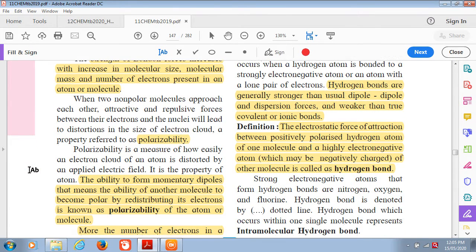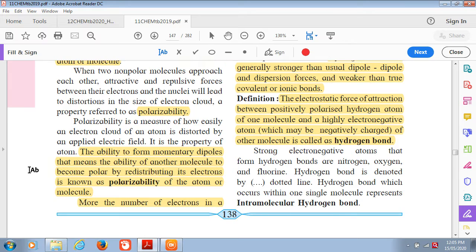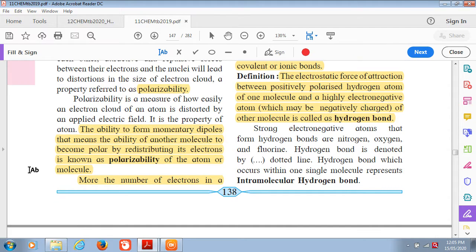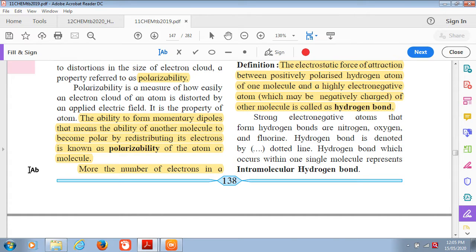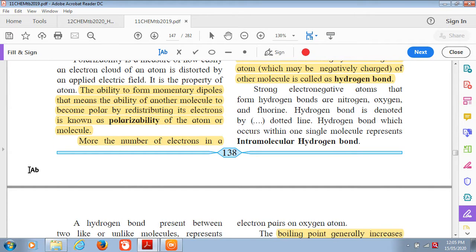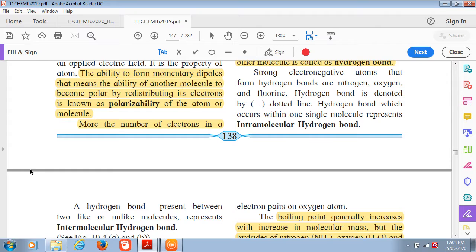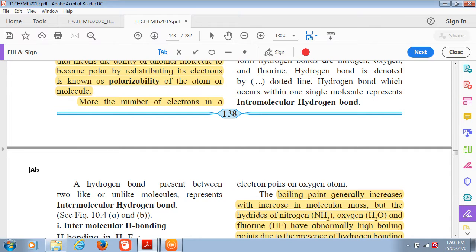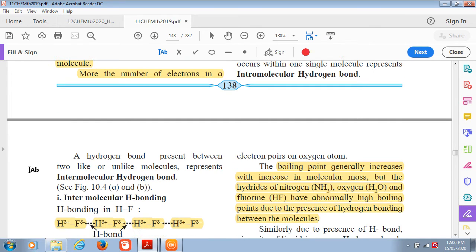Hydrogen bonding is denoted by a dotted line. And if hydrogen bond occurs within a single molecule, it is called intramolecular hydrogen bonding. And if it is between two different molecules, they may be the same or different, it is intermolecular hydrogen bonding.